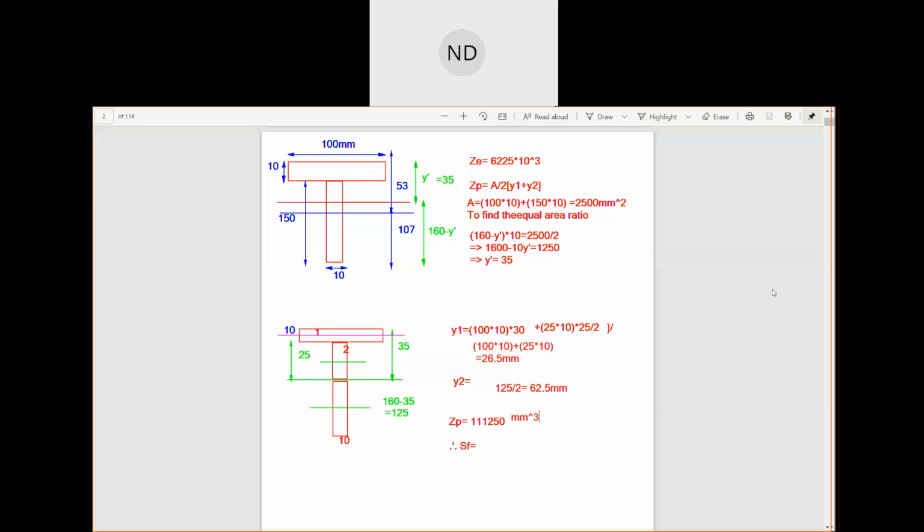The shape factor is 1.679. Others, how much did you get? The value was 6225.